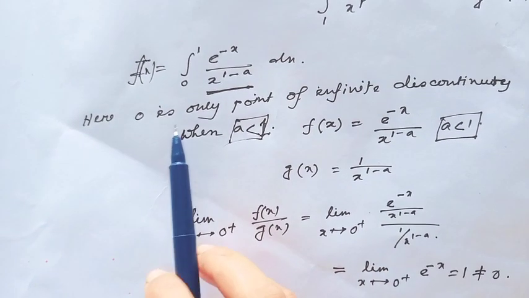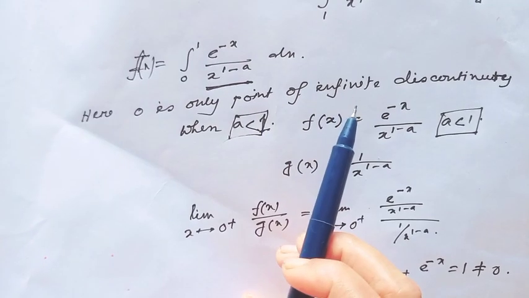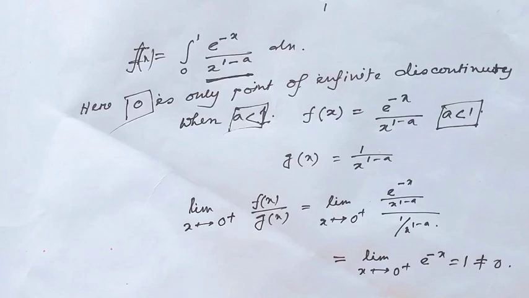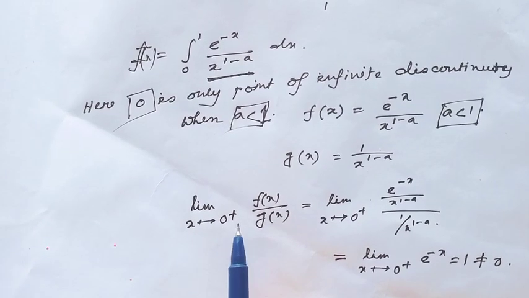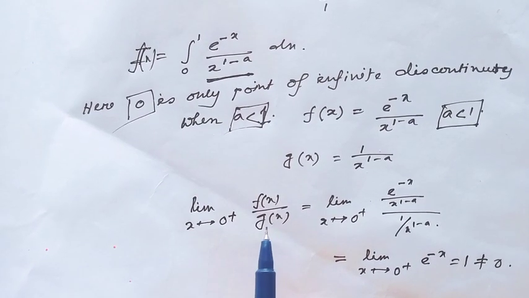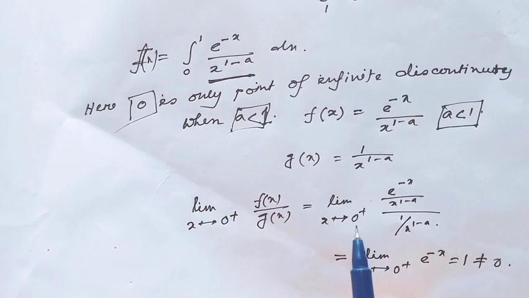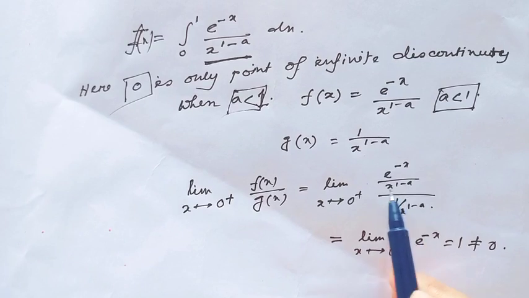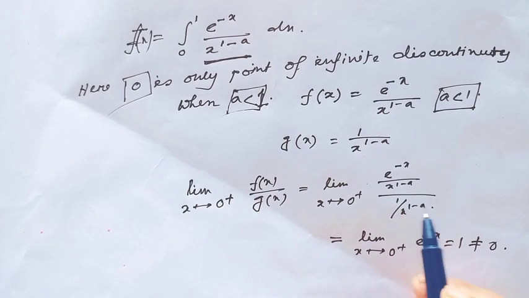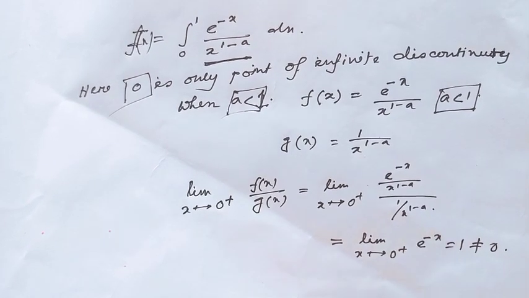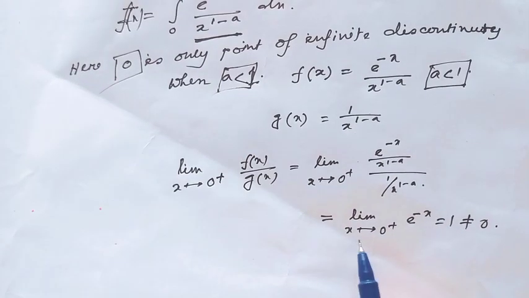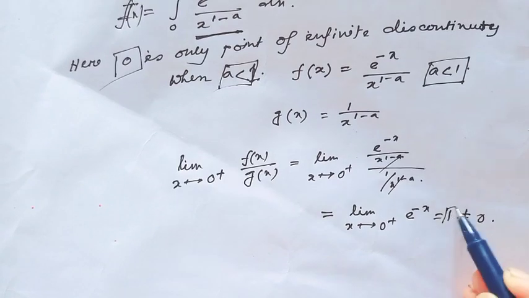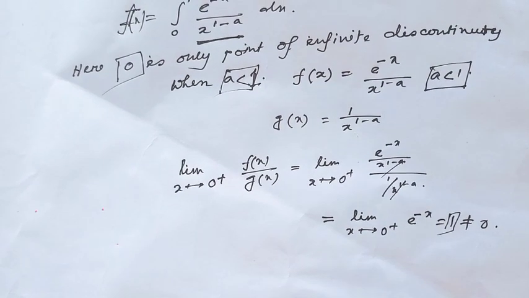Since here the infinite discontinuity is at the point 0, the limit as x tends to 0 plus of f(x) over g(x) is equal to the limit as x tends to 0 plus of e to the power minus x upon x to the power 1 minus a over x to the power 1 minus a, which after putting the limit, this value would be 1, which is not equal to 0.